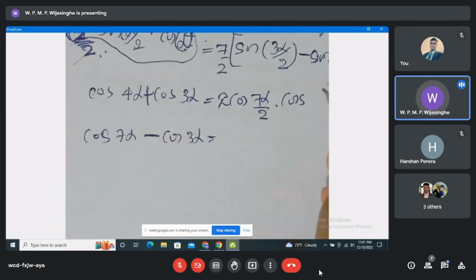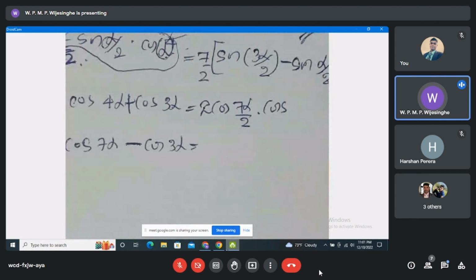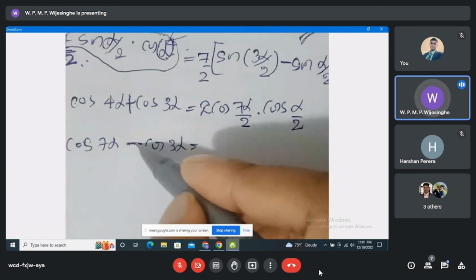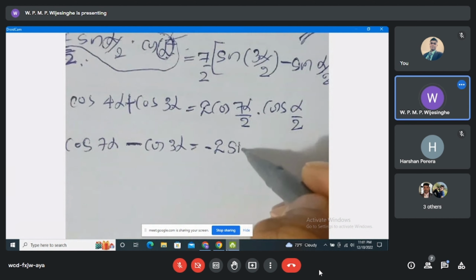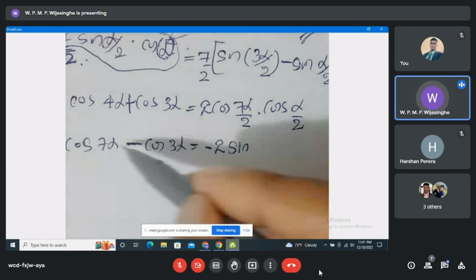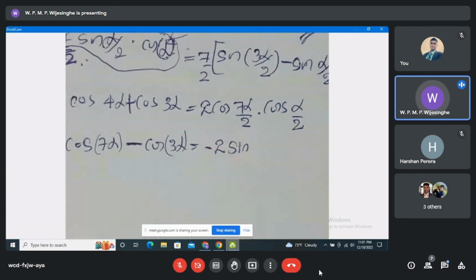Cos difference between these two angles 4 alpha minus 3 alpha, it is alpha divided by 2. If it is minus, then minus 2 sine half of the summation of these two angles 7 alpha 3 alpha, it is 10 alpha divided by 2, 5 alpha. Sine 7 alpha minus 3 alpha, it is 4 alpha divided by 2, it is 2 alpha.